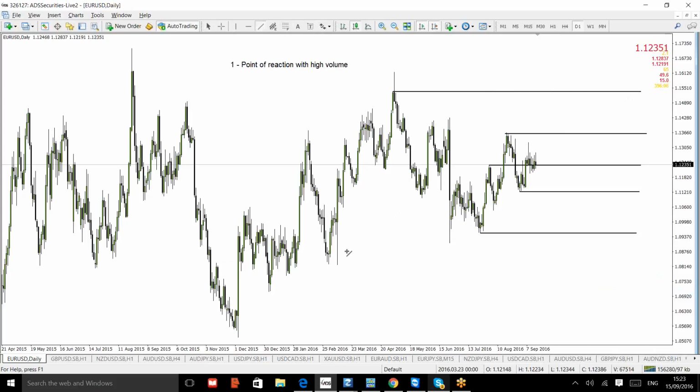Good. All right, guys, that's how I do it. These are my points of reaction. All of these points suggest where the market has reacted the highest, the strongest, towards strength. This was a point of reaction, pretty strong. Okay, now the second is this.